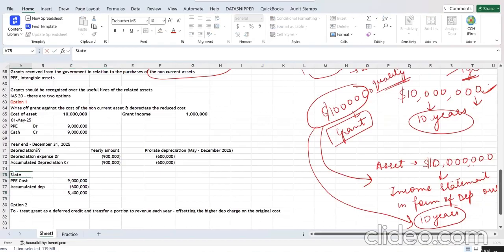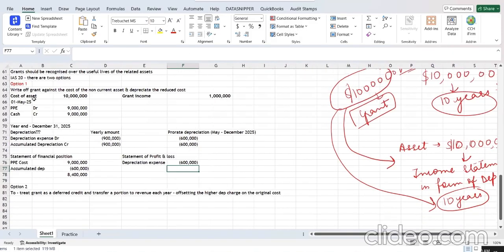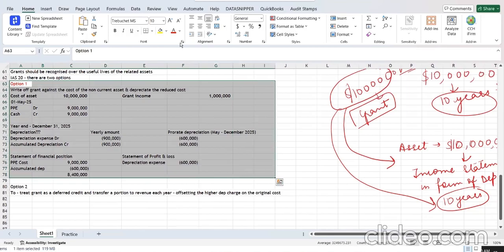And in my statement of profit and loss, my depreciation expense would be 600,000, right? This is what it should be if we follow option one.